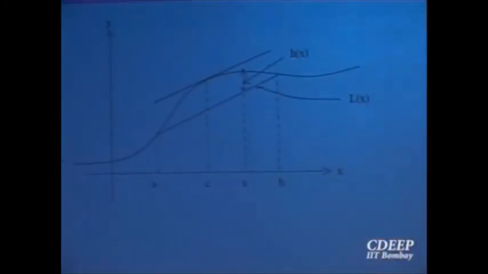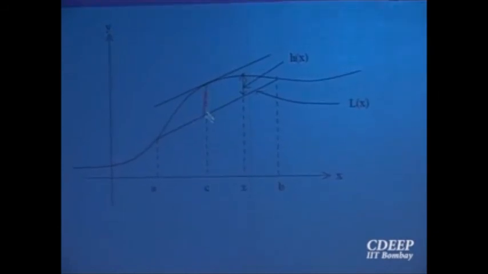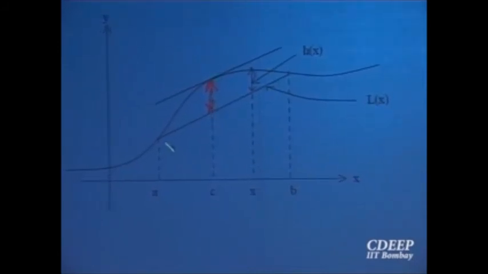So you should look at the function which is the difference of these two graphs. One is the secant line joining the points where the value is f of a with f of b, and the other is the function. So look at the value, this height.